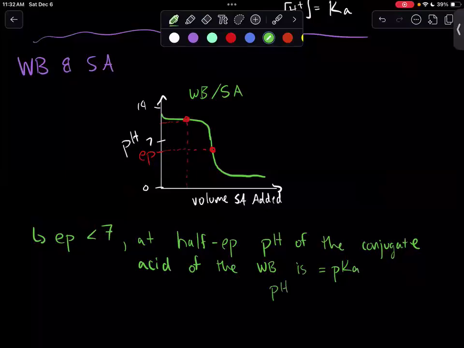So once again, we have pH still equals pKa. Now, because we're talking about a base, we can also actually say the pOH is equal to the pKb at the same point. So either way works.